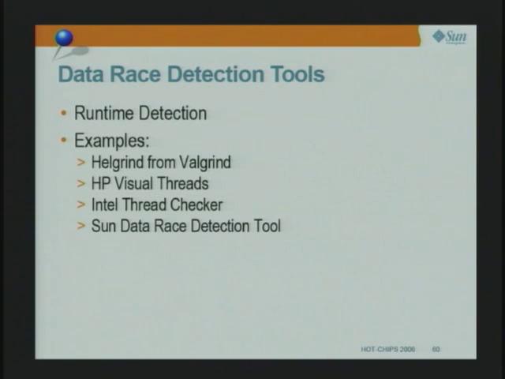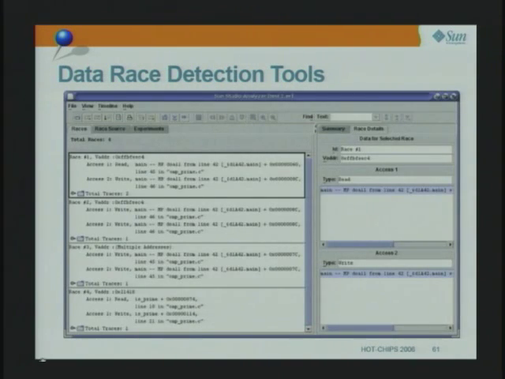Then there are HP Visual Threads, Intel Thread Checker, and Sun has a data race detection tool, which is in alpha state now. This screen shows Sun's race detection tool, which basically finds all the races in your program. It shows whether it is a read or write and the line number where the race happens, and it can give you call stacks.